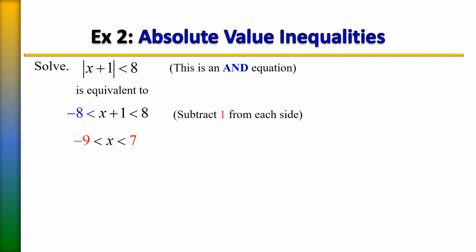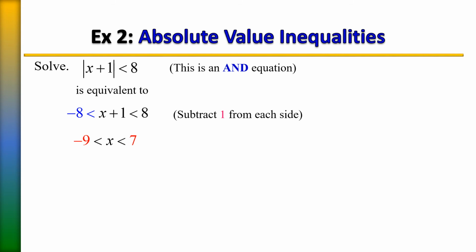So when you take 1 from -8, you're going to have -9. Subtract 1 from this 1, and it's gone. Subtract 1 from the 8, and you have 7. So x is going to be between -9 and 7.